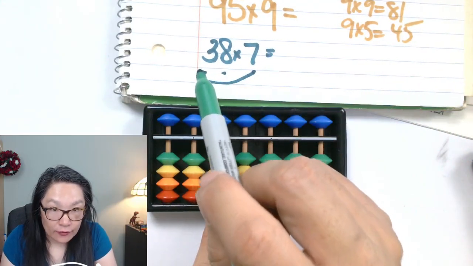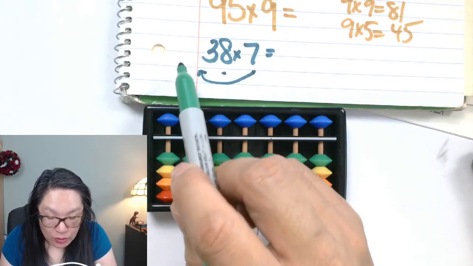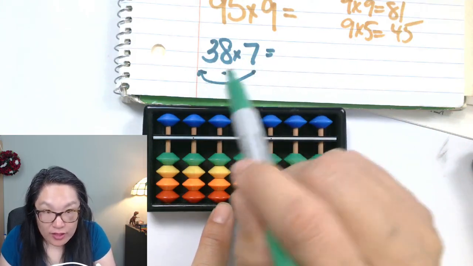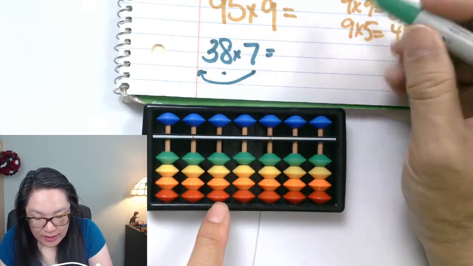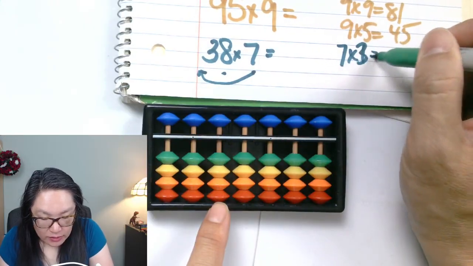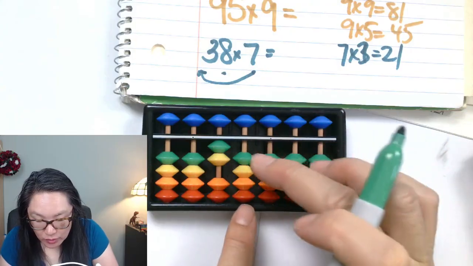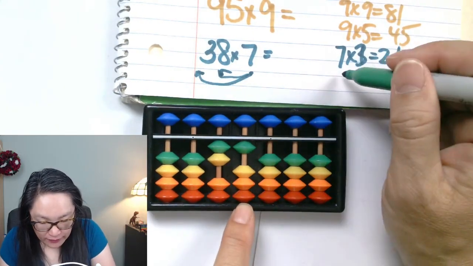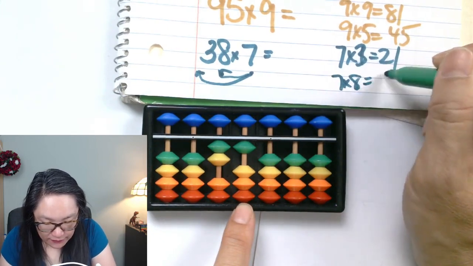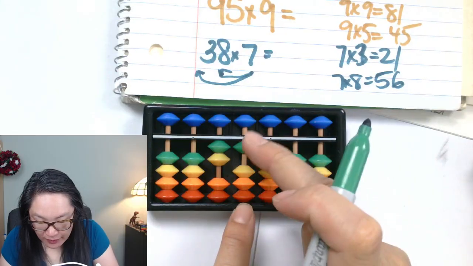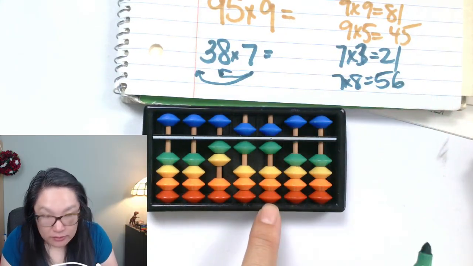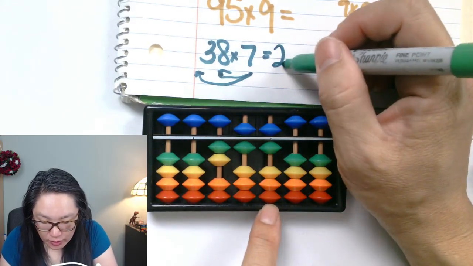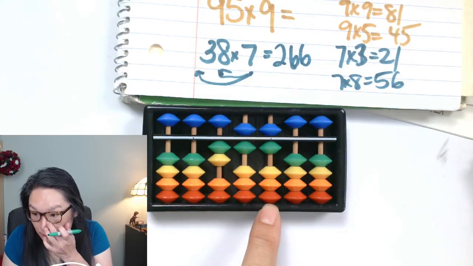I go left first and then I go in. So we have 7 times 3 is 21. So we had 2, we had 1. And then 7 times 8 is 56. So I add my 5 and then I add 6. So my final answer is 266.